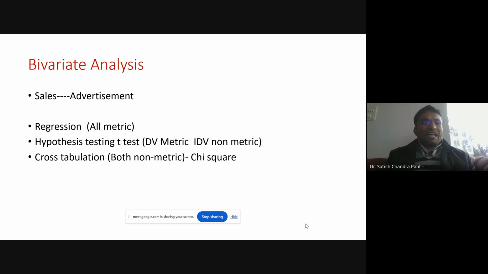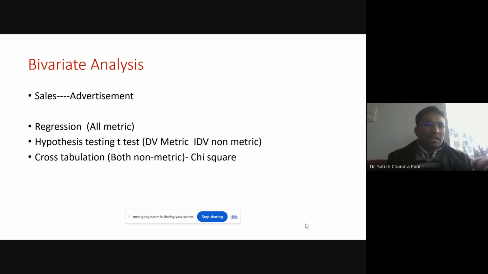Now the second thing is bivariate analysis, most important for secondary studies basically. Wherever we use secondary-data-related studies, specifically finance, economics or operations people, they want to understand some association, relation or impact of one variable on another variable.